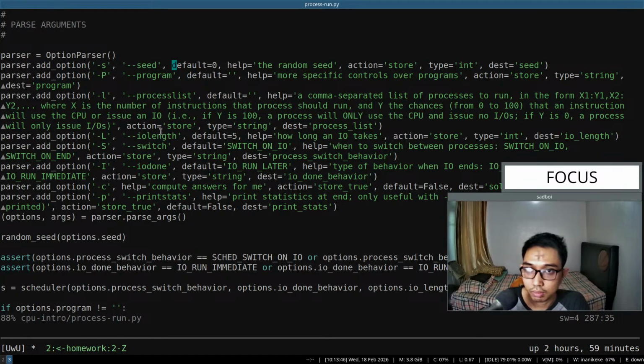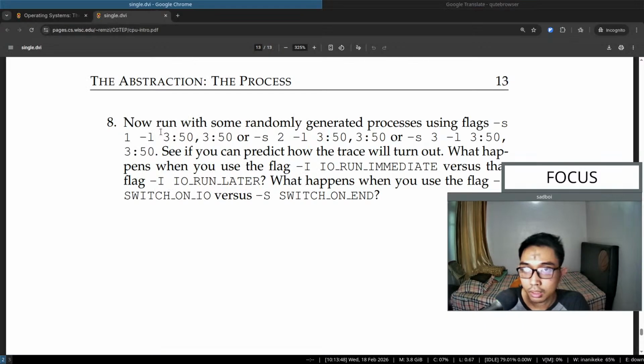The default is 0, right? So there is no randomization. Is that the word? Maybe. Some randomly generated process using flag S. Test S, okay. Oh, now we are 50-50.